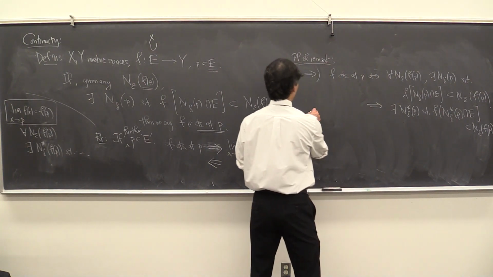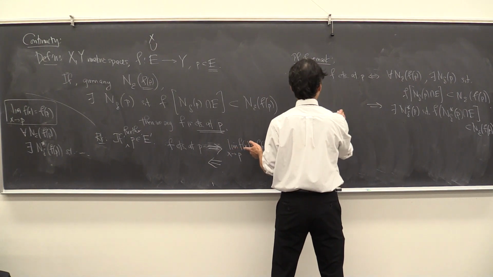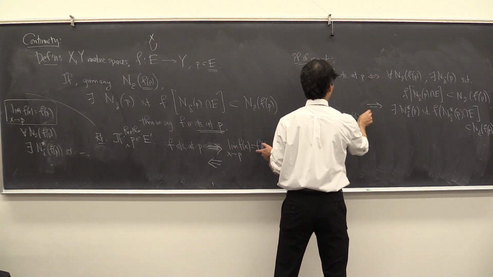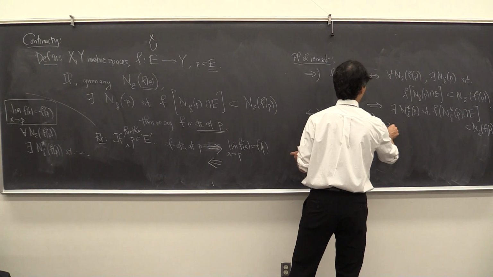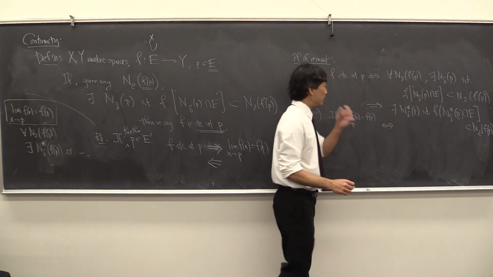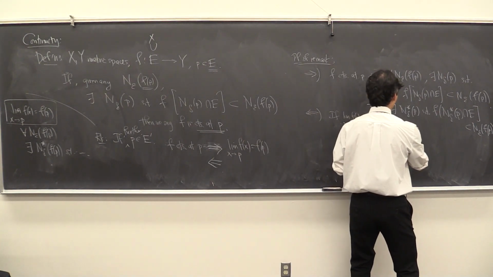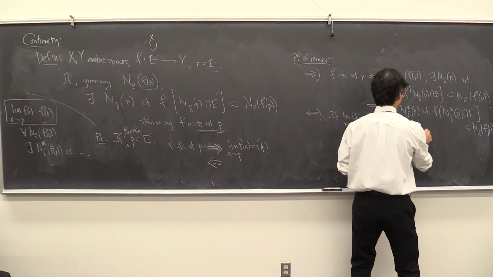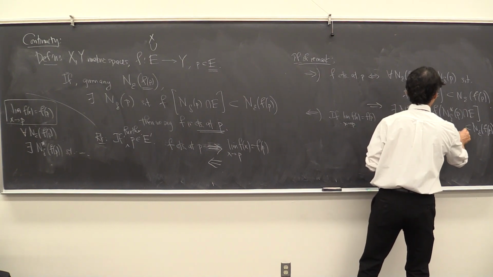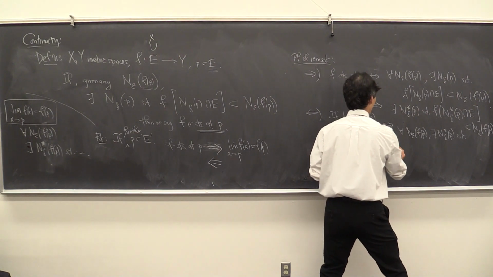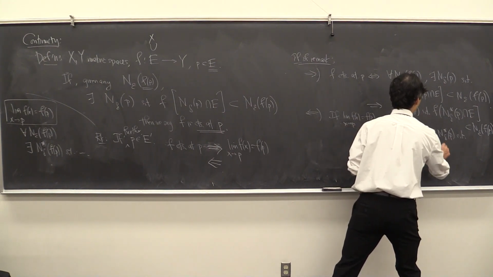Okay. And then going backwards, if the limit of f of x as x approaches P is f of P, that means that for all epsilon neighborhoods around f of P, there exists a punctured neighborhood such that f of the punctured neighborhood lies inside the epsilon neighborhood.